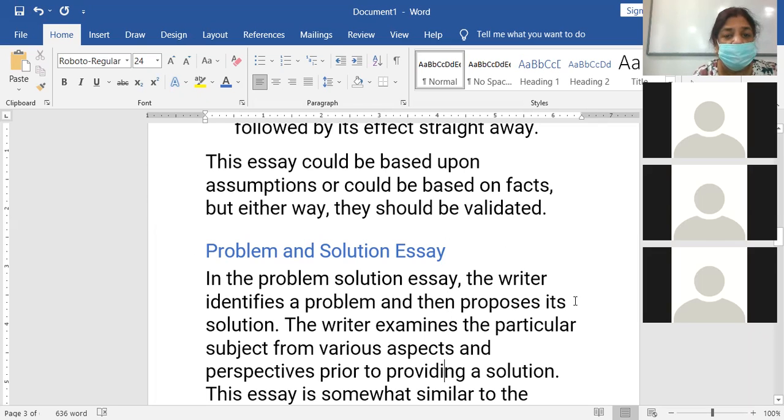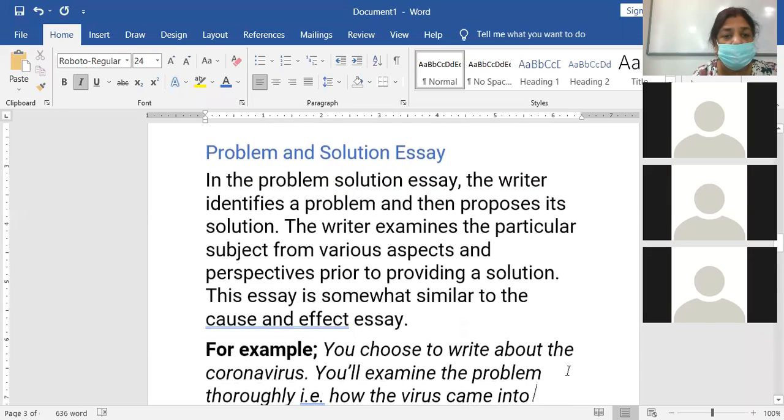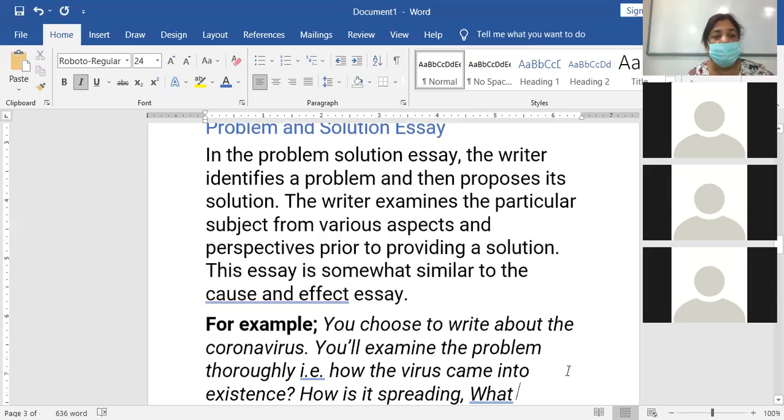Before suggesting a solution, we have to do some research work and then come up with a solution. So this is not like a cause and effect essay, but it is similar to it. For example, you choose to write about the coronavirus. I was just talking about it.